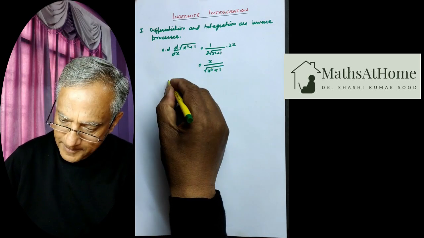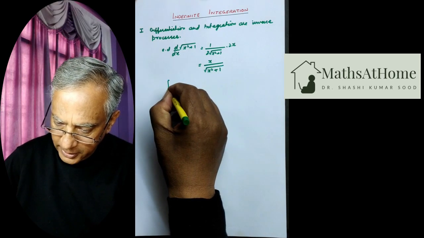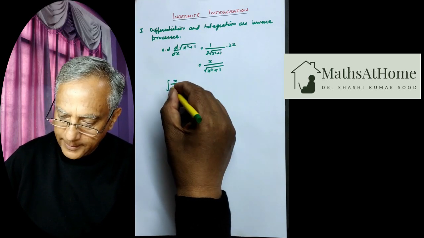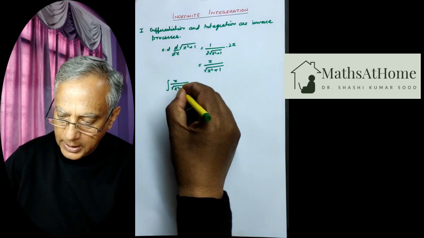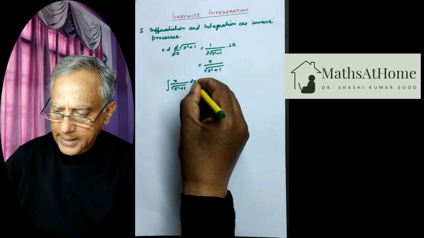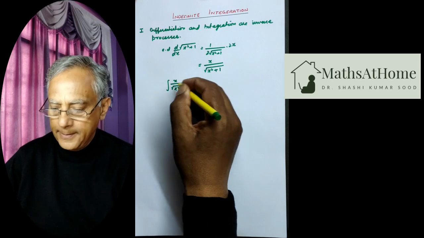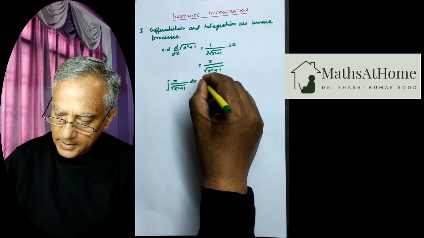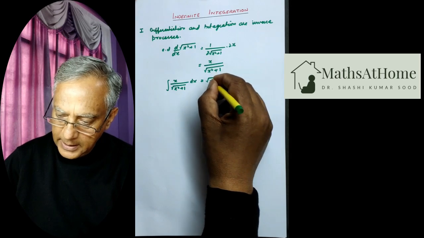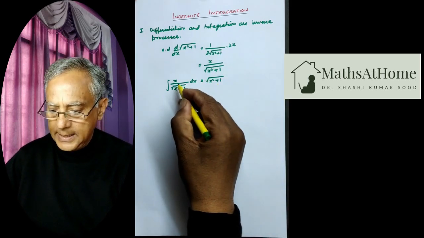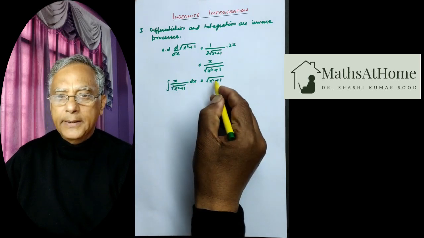We will say integral, denoted by this symbol, of x over under root of x square plus 1, and the variable with which we are integrating will be shown here. Integration of x over under root x square plus 1 dx is equal to under root x square plus 1. Differentiation of this is this, so integration of this will be this.